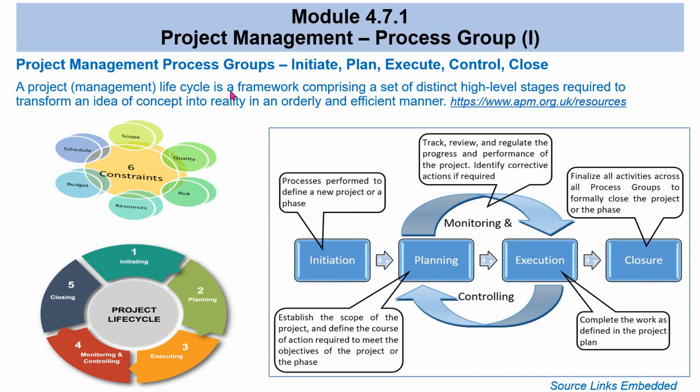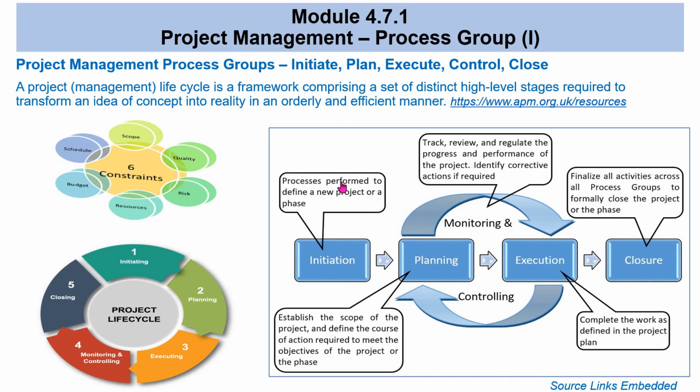So a project management life cycle or process group is a framework, and it consists of several distinct phases or stages, which are initiate, plan, execute, control, and close. It simply means that you have to follow through those phases to be able to effectively and efficiently plan and come to a good and successful project closure.